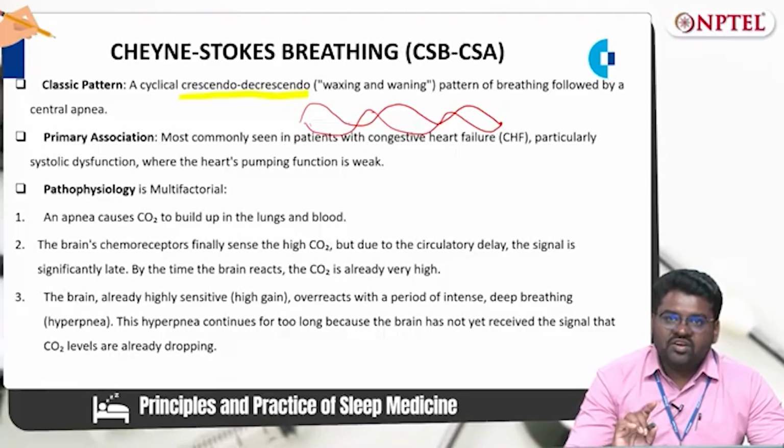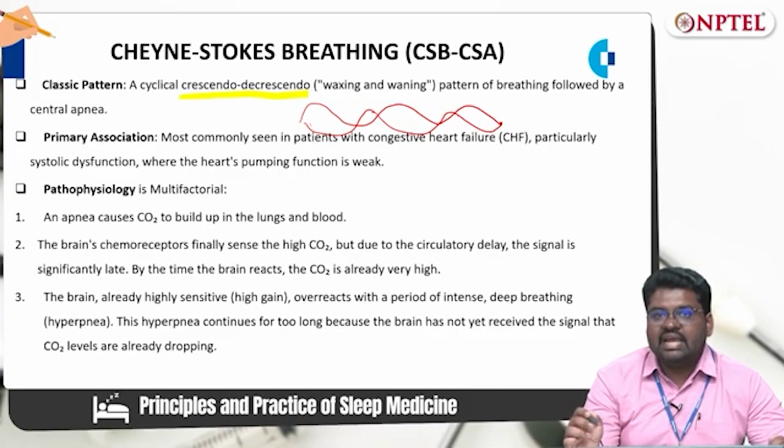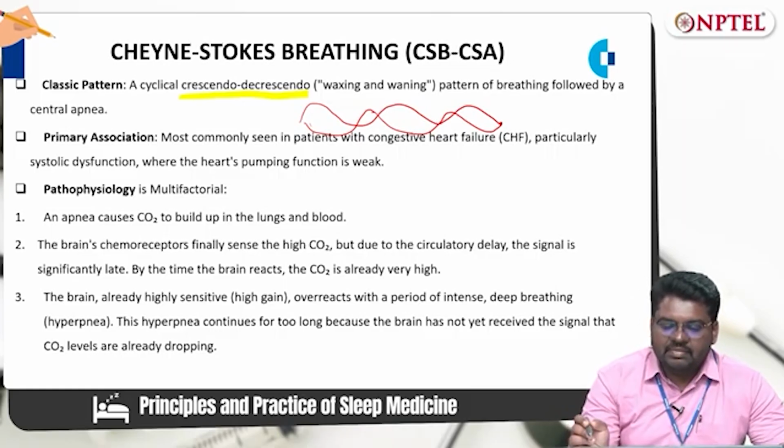In idiopathic, what we saw was hyperventilation. In this, there will be a gradual increase in breathing, then decrease in breathing followed by a central sleep apnea, again increase in breathing, decrease in breathing followed by a central sleep apnea.